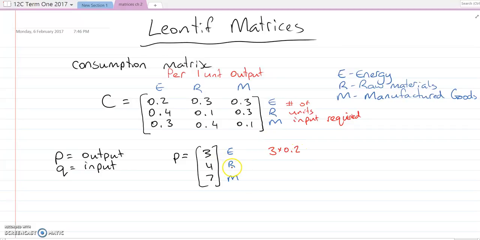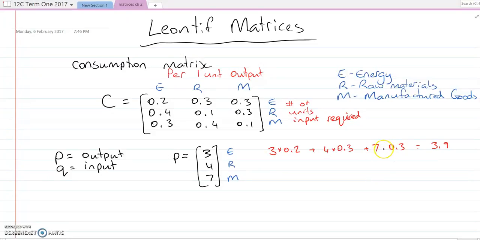For this 4 units of raw material output, each of those 4 units requires an input of energy of 0.3 units. For each of those 7 units of manufactured goods output, each of them requires this 0.3 up here. And if you look at that, that's a matrix multiplication. That'll give us 3.9 units of energy input.